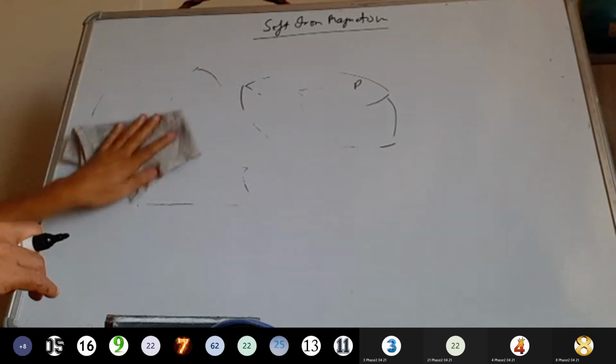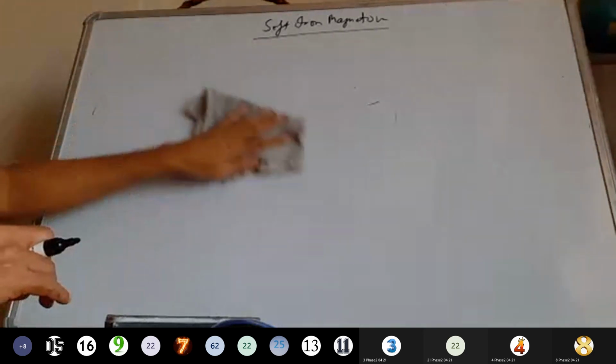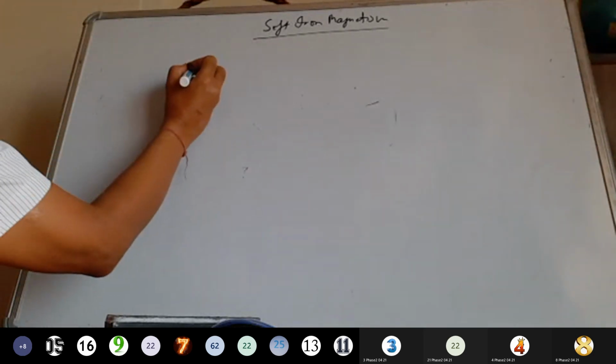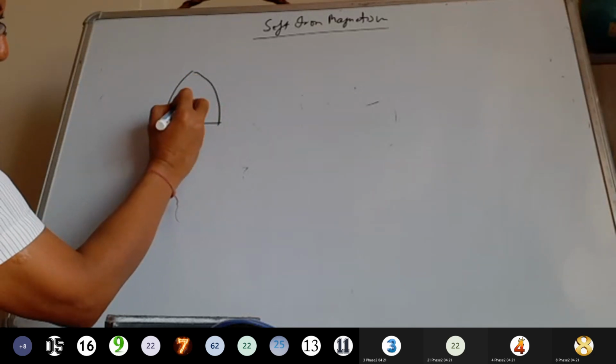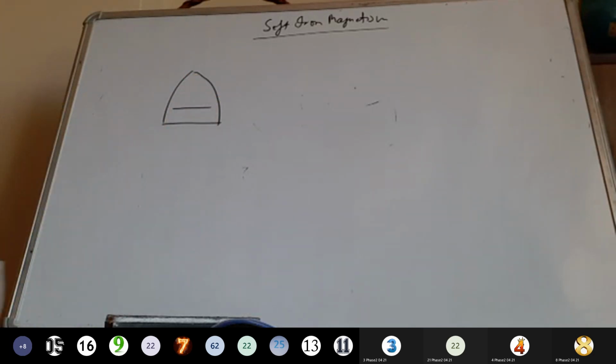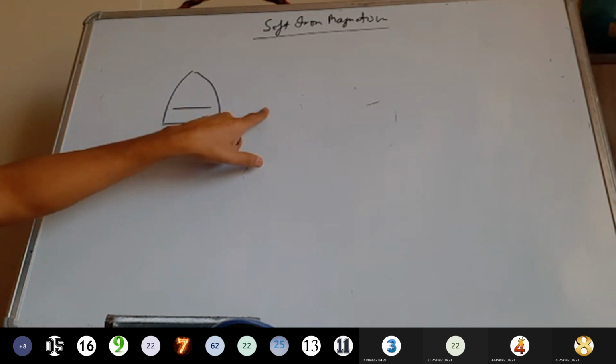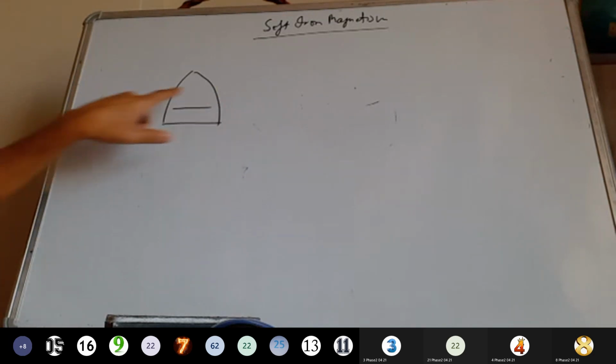Now, if you look at the athwartship horizontal soft iron, what is this? This is athwartship horizontal soft iron, because it is athwartship, it is horizontal, it is soft iron. So it is not having any magnetism of its own.